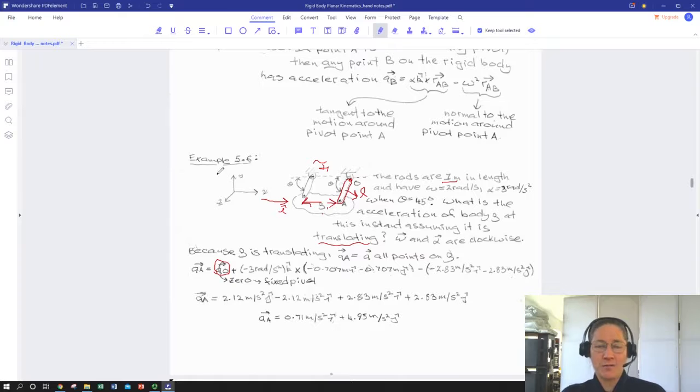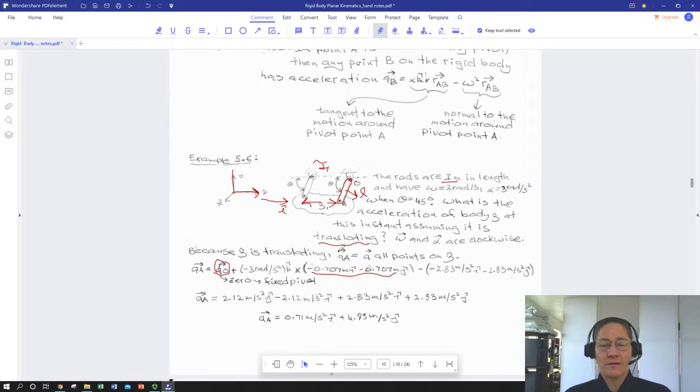And because we've got a reference frame, I hat increasing to the right and J hat increasing upwards. These are 45 degrees, so we're going to have a radius vector from O to A of negative 1 meter cosine 45 minus 1 meter sine 45, which we've got here.